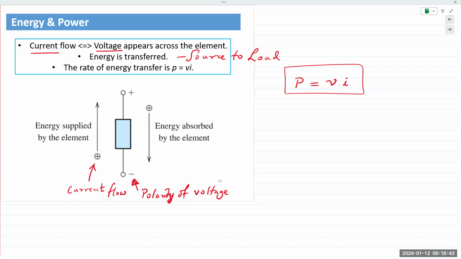So whether the voltage polarity is provided to you, or whether you are assuming it, is irrelevant. Once you have these two pieces of information, the direction of the current and the polarity of the voltage, then you can conclude that if the current is going from minus to plus, the energy is being supplied. If it goes from plus to minus, energy is being absorbed by that element.